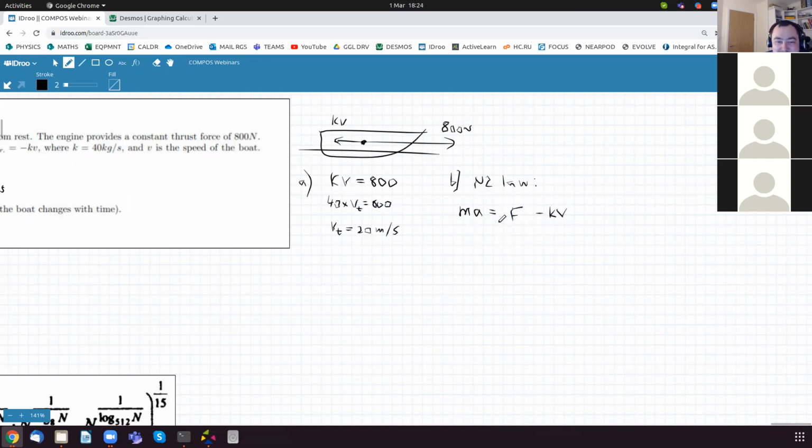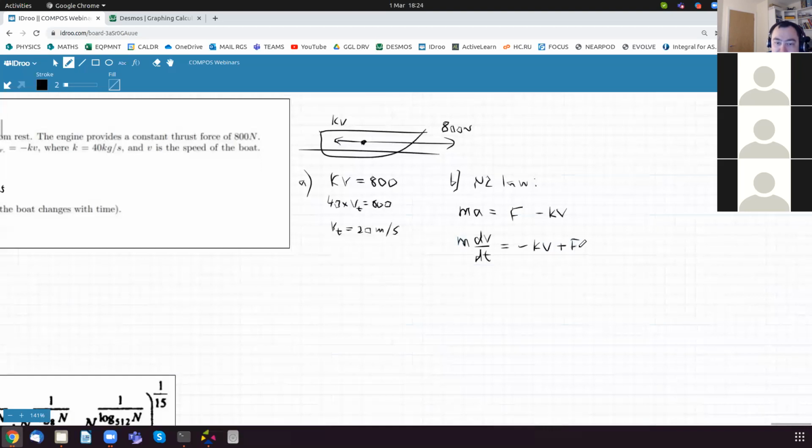Okay, so from here, I'm going to write down, because I know acceleration is dv/dt, m dv/dt is equal to minus kV plus F.